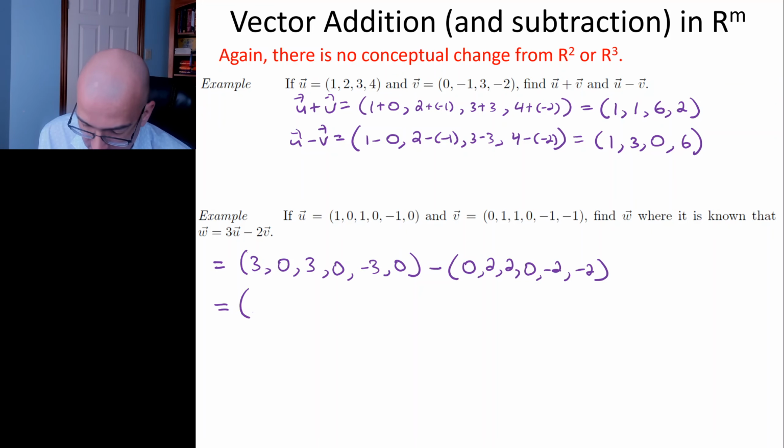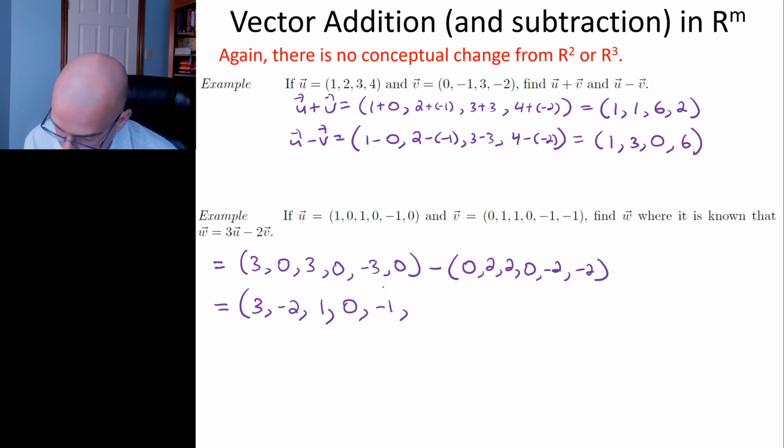So 3 minus 0 is 3, 0 minus 2 is negative 2, 3 minus 2 is 1, 0 minus 0 is 0, negative 3 subtract negative 2 is negative 3 plus 2, so negative 1. And then we have 0 subtract negative 2, which is 0 plus 2, so 2. It's just more pieces to do, but the same thing that you always did for each piece.